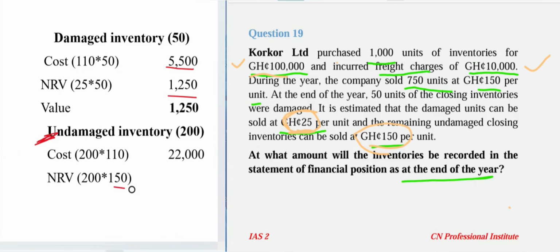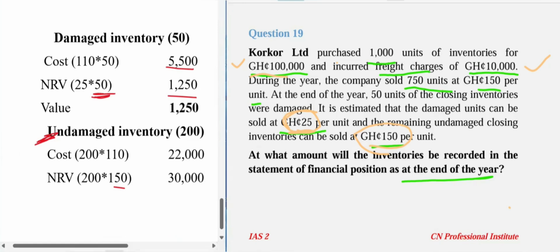And then the damaged, we use the 50. Don't forget that, right? Okay. So let's continue. Multiply the 200 by 150, and that should give us a figure like 30,000.